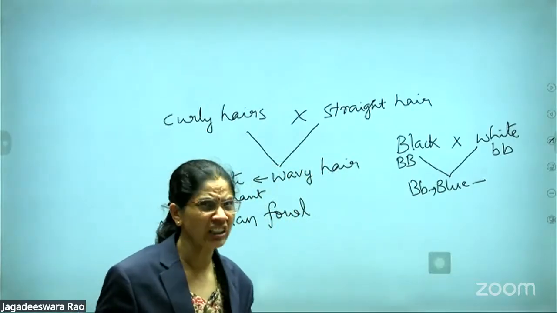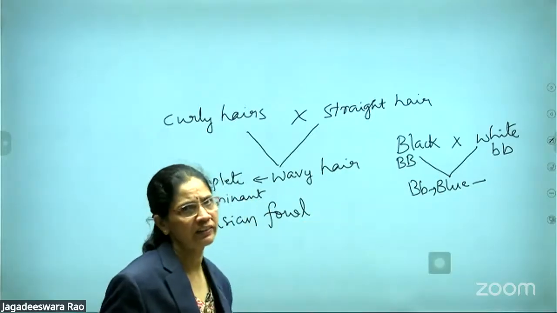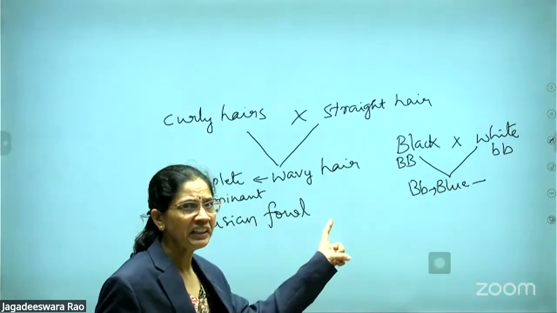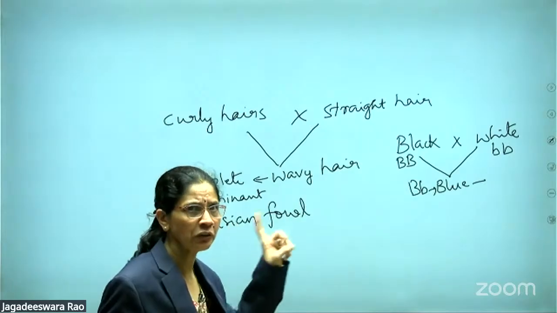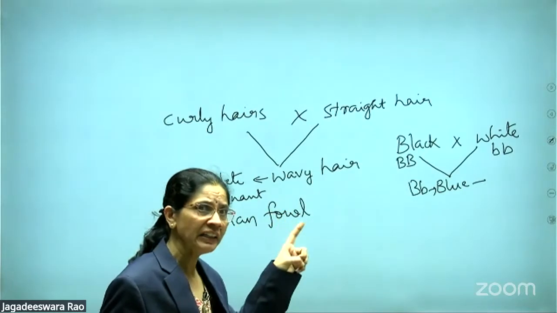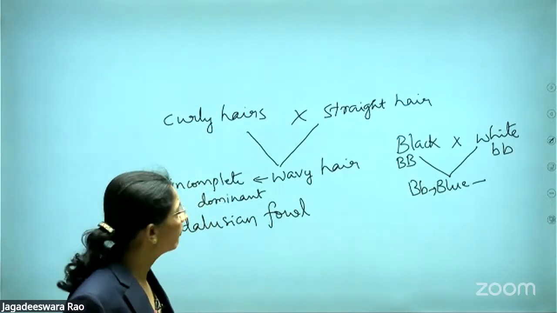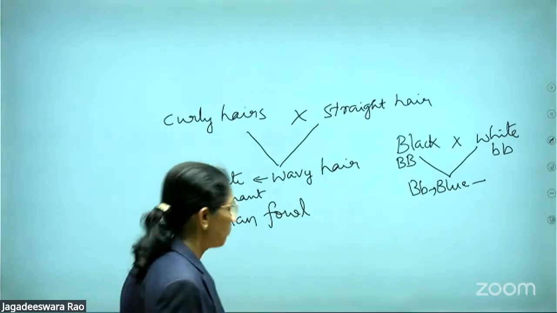We get a chicken or a fowl which has blue feathers. It is the intermediate character. Is it showing any parental character? No. It shows an entirely new character, which is because of blending of characters. Incomplete dominance.